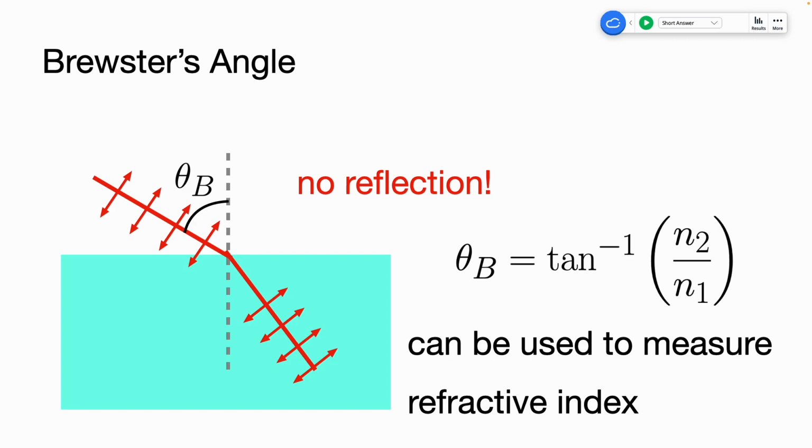You must prepare your light with a polarizer, put the polarizer in front so the unpolarized light gets polarized into this polarization, and then adjust the angle and measure the reflected light. When you see no reflected light, it means you're at Brewster angle, and that gives you the refractive index.